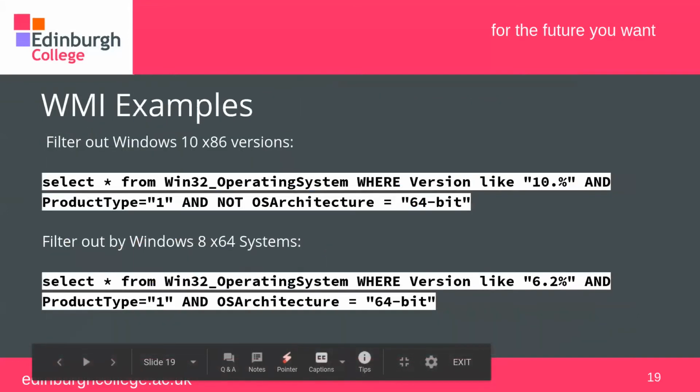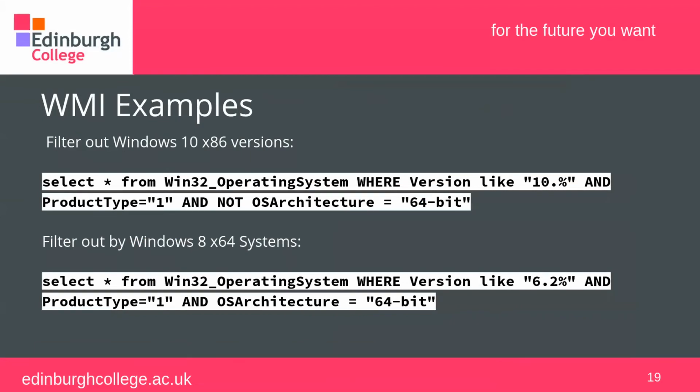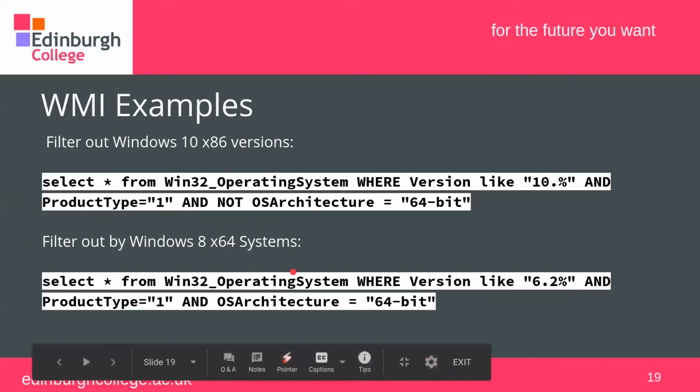Here's a couple of examples of WMI filters. Let's filter out Windows 10 x86 versions. So there's a select star from Win32 operating system where version like 10 something and product type 1 and not 64-bit. And here's one where we filter out Windows 8 64-bit systems.